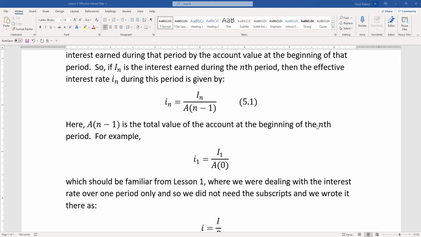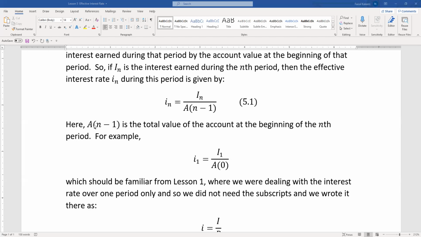If you want to match these up, you can say that A(n-1) is the total value of the account at the end of the (n-1)th period, because the beginning of, for example, the third period is the same as the end of the second period, right?